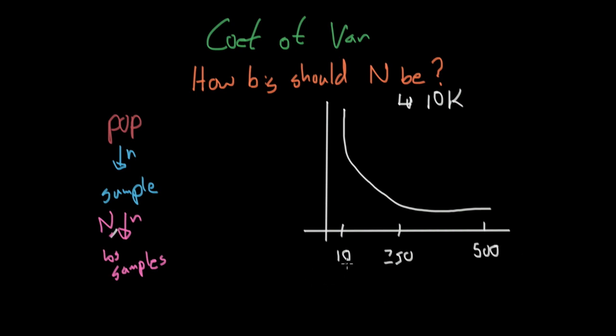In fact, there is a closed form formula that can give us an approximation of what the coefficient of variation would look like. It says CV is approximately some function of alpha, where alpha is your confidence level. If it's a 99% confidence interval, this function would get bigger.